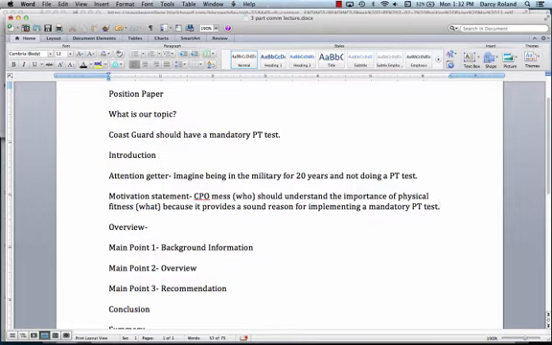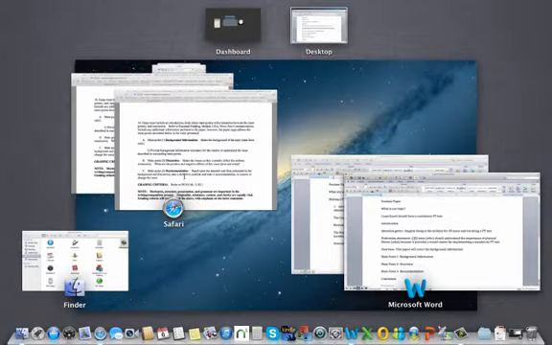And the overview. This is where those 3 main points are super important. You have to use those exact words. So for this, we're going to write a paper about the PT test. I don't think it's overview, it's discussion. I'm sorry.